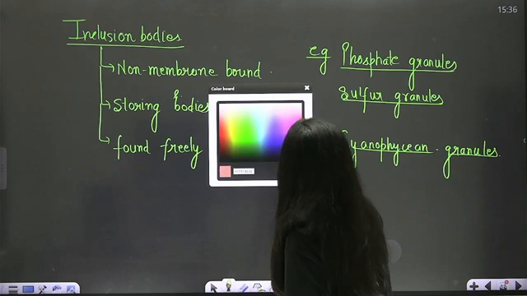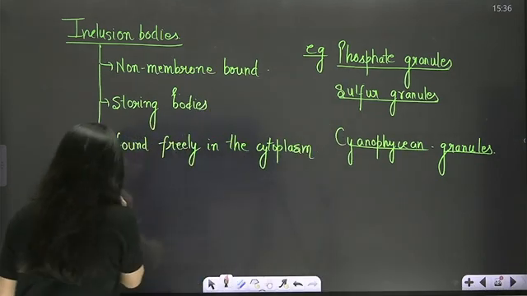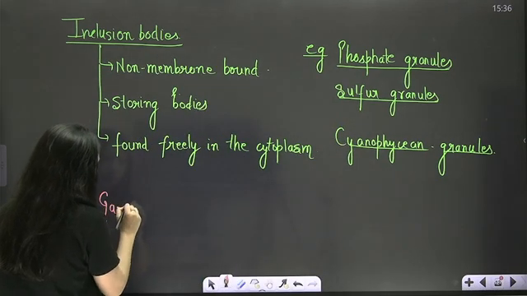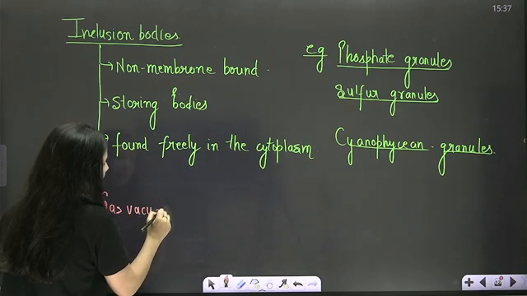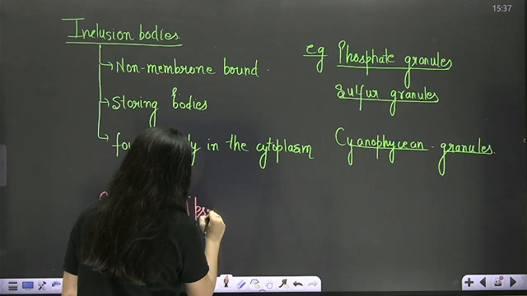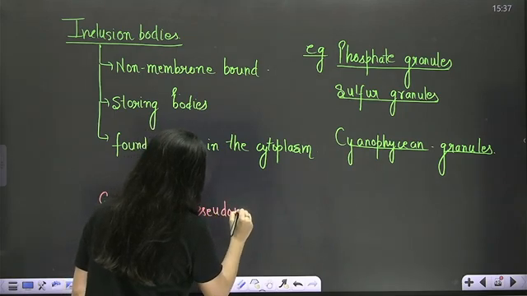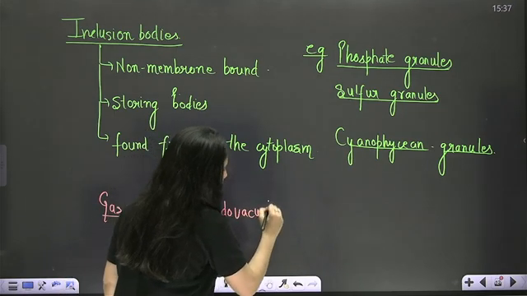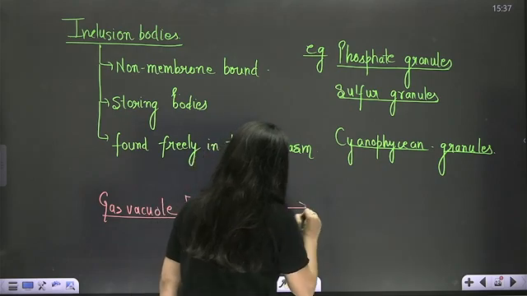Now, one more example I would like to quote over here, and that example is gas vacuole. These are also inclusion bodies, also called pseudo vacuole, which are actually responsible for storing gas.